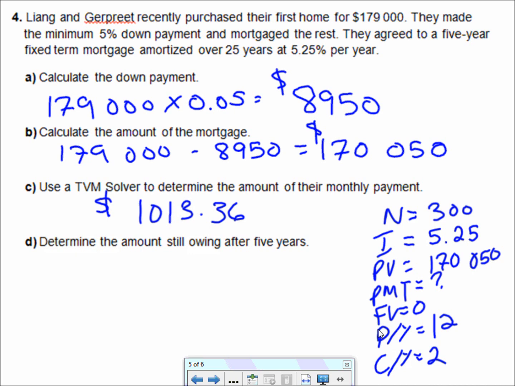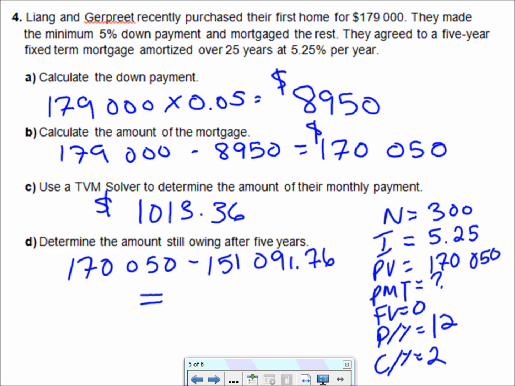So, my house price is $170,050. My present value for the 5-year term is now $151,091.76. Hopefully you guys got that. And then how much I still owe is just that difference.